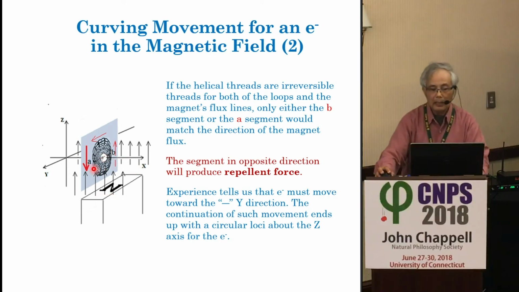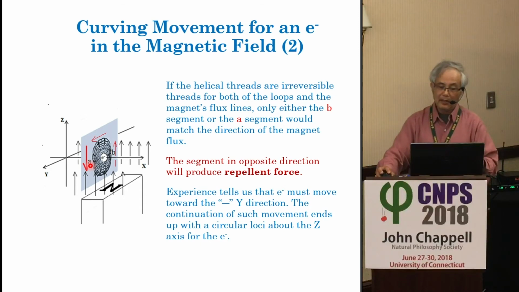So, in other words, as far as this plane is concerned, this side of the plane must move forward because of the expelling force. On this side, there's no such repelling force.